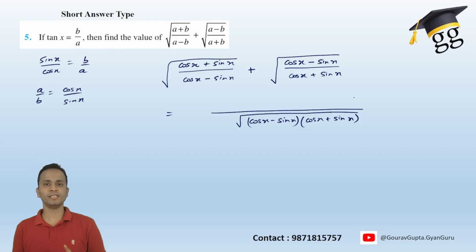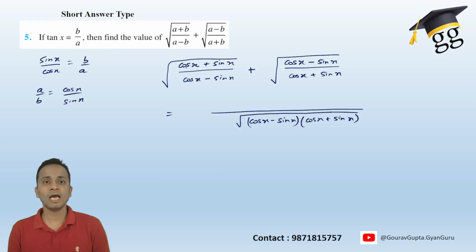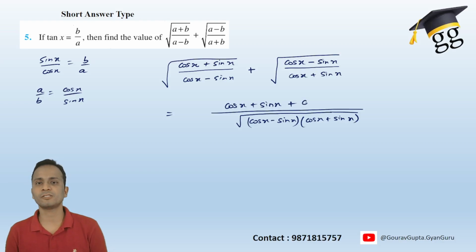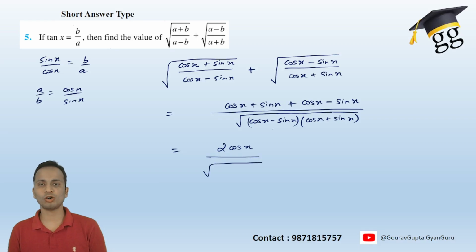Now carefully, in the numerator, under root of (cos x plus sin x) whole square, that is cos x plus sin x, and then plus under root of (cos x minus sin x) whole square, that is cos x minus sin x. All right. Now in the numerator, I'll be left with 2 cos x.